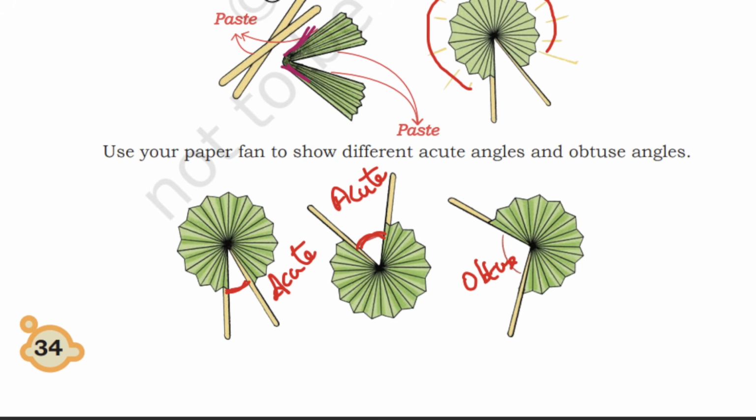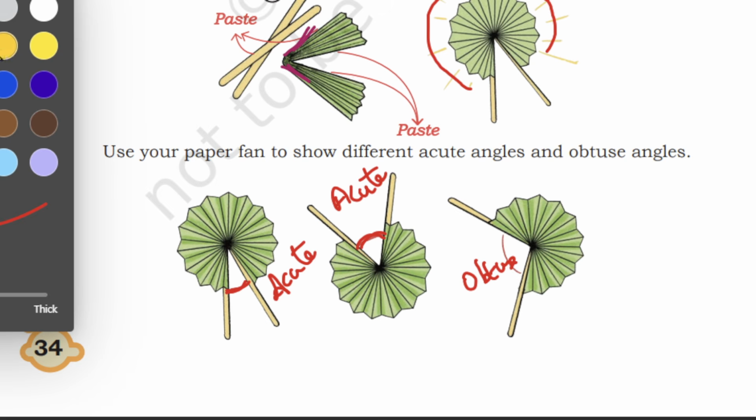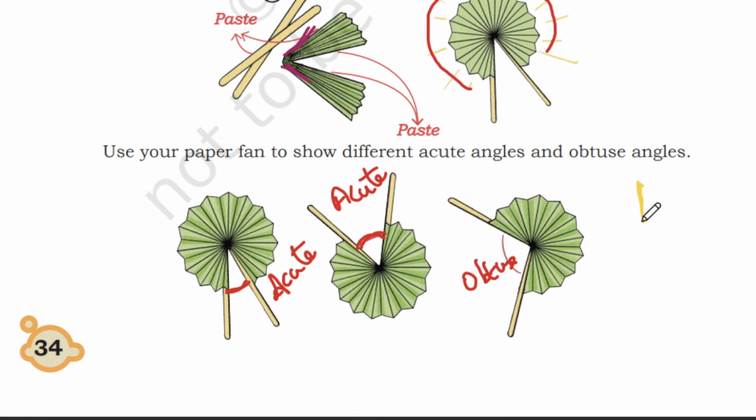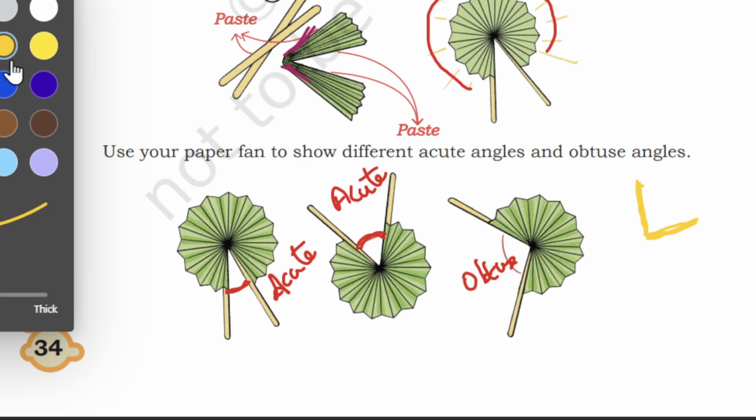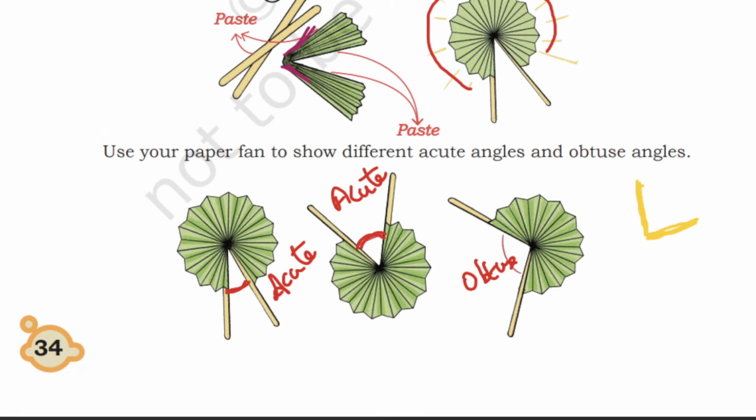Students, we will try to make a right angle. I just want to know whether we are able to get a right angle. So this is the handle of the fan. The only thing is the paper, green color, so the paper will go more wider.